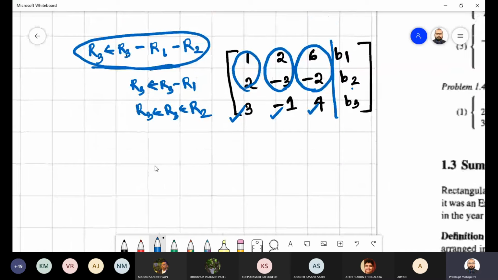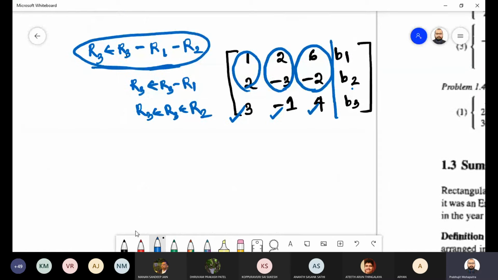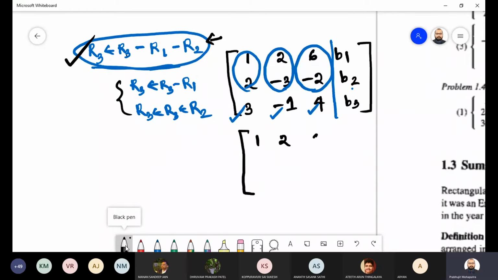So if we do this operation, what is going to happen? Either you can do it in a single step or in two steps. We are going to have 1, 2, 6, b1.